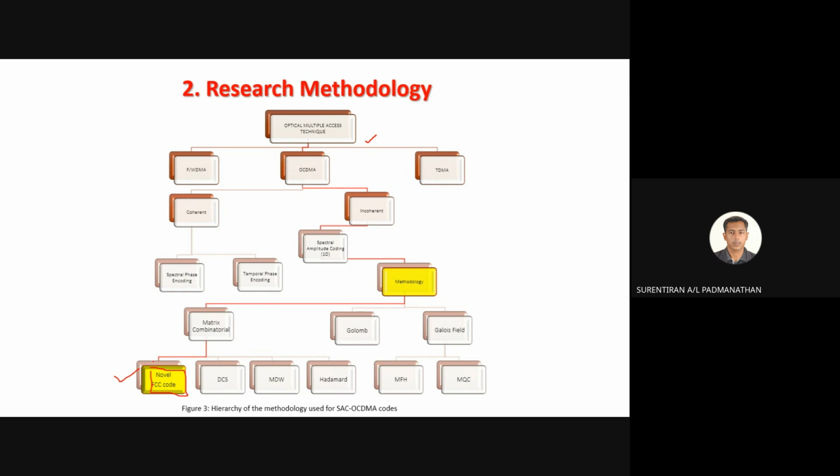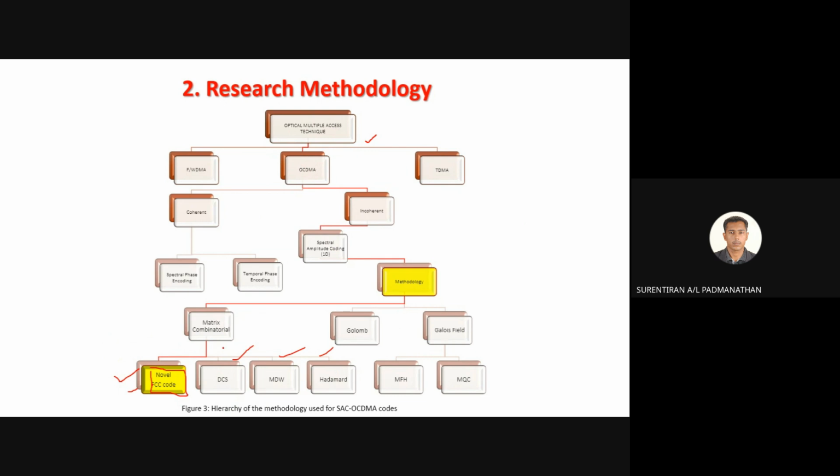Just now, as I told you, for antennas we have substrate materials, and for this we have different methods. This is the optical multiple access technique. Let's say you choose this one and you want to use novel FCC code, but there are a lot of different methods that can also be used. But for your project, you find this suitable, so you'll be using this.